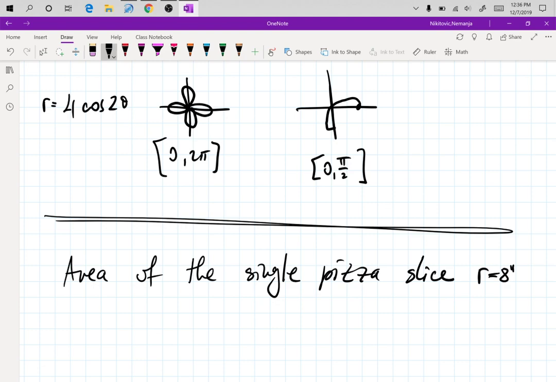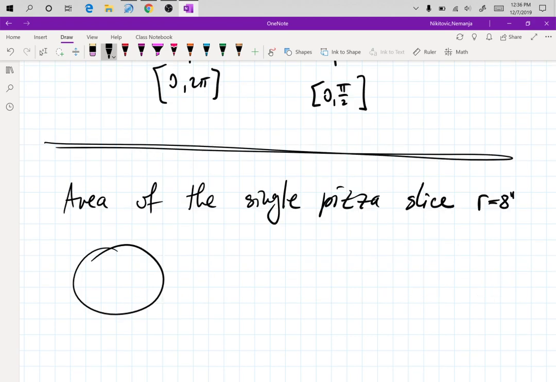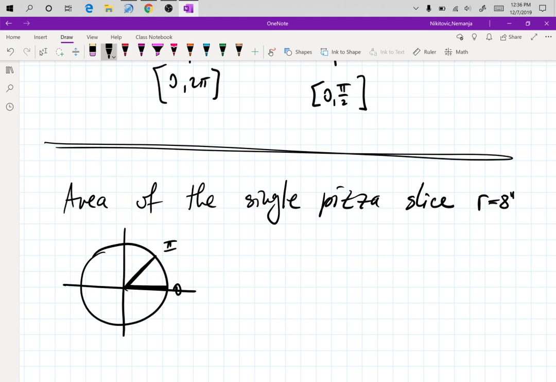Area of the single pizza slice. Okay, we can draw the pie. And the single slice of pizza right there. And that's 0 to pi over 4. Because you have pi over 2 on top, and then 3 pi over 4, and then pi, and then all the way to 2 pi on the other side.